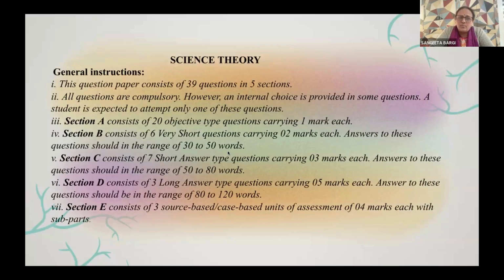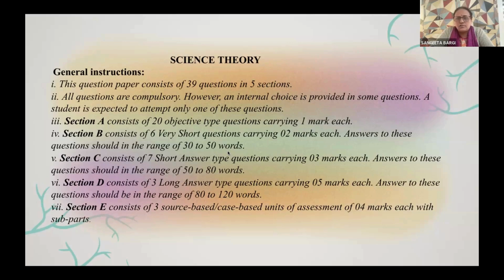In the science theory paper, these are the general instructions given. So I would suggest all students to familiarize themselves with these general instructions: the paper consists of a total of 39 questions divided into 5 sections. Every question is compulsory.